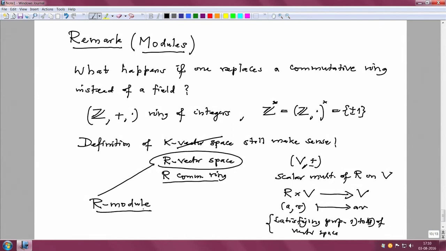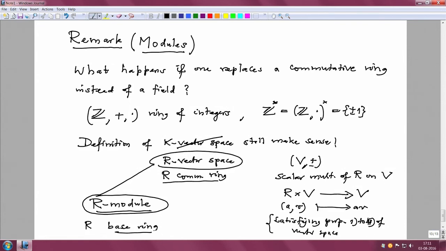So, instead of using the term R vector space, one usually uses the term R module, where R is any commutative ring. And in this case, one also calls R a base ring. Or even in the case of vector spaces, one calls K either a scalar field or also a base field.